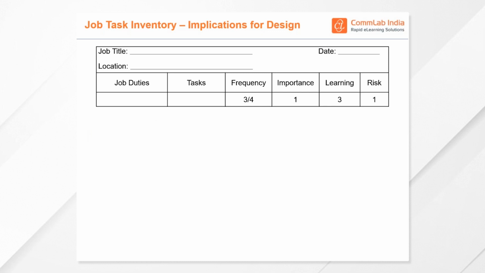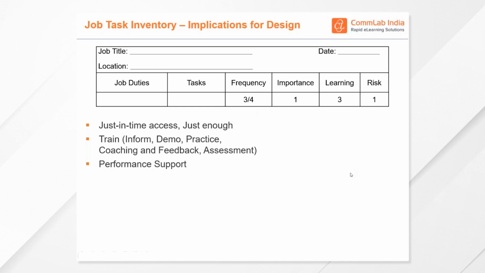Now here's an example of a task where it's a blend. On some parameters, it ranks high. For example, it's quite frequent. It's not that important. It's probably a routine task that the learner performs. The level of complexity of learning is a little on the higher side. And then you have the risk.